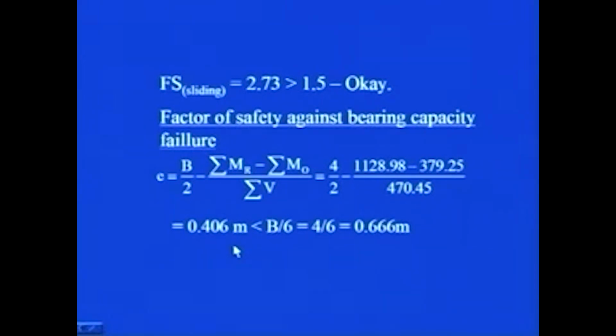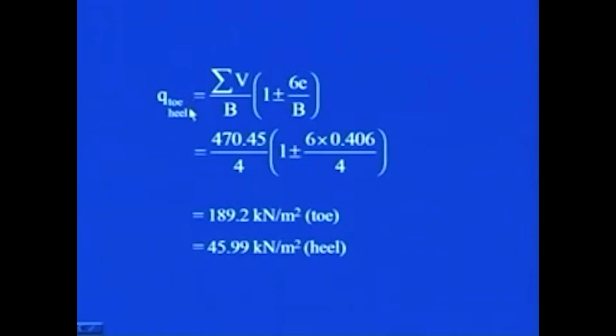So we can go ahead confidently to find the factor of safety against bearing capacity failure with the tentative proportions that we assumed initially. Q toe and heel we can find by this expression: summation V by B times (1 plus minus 6e by B). Summation V you can pick from that table.